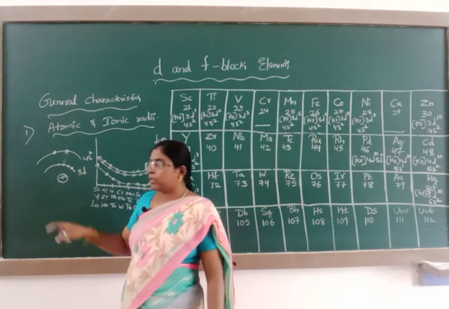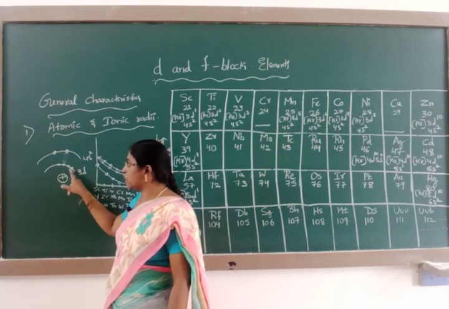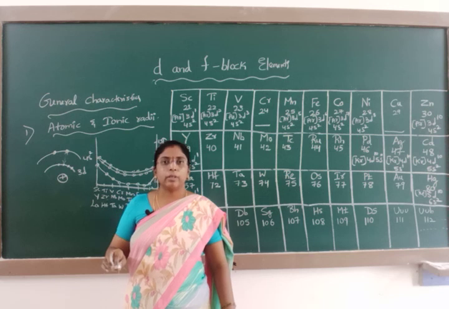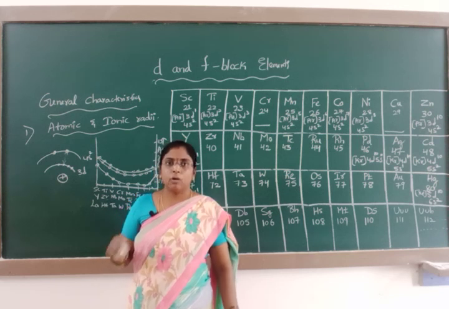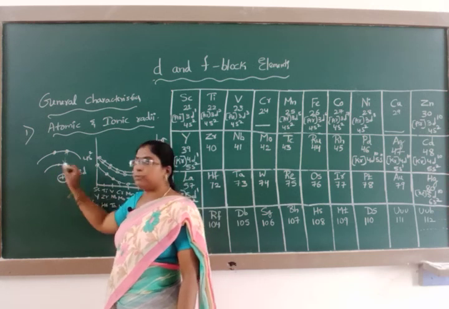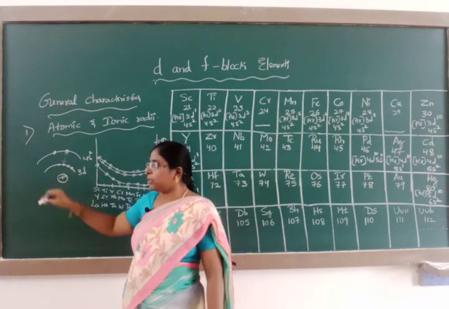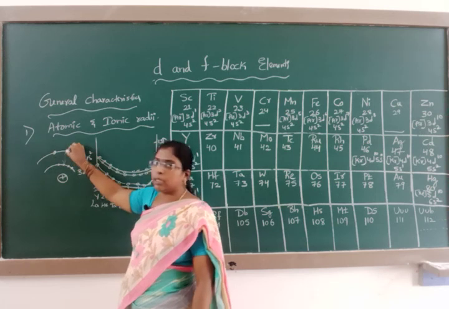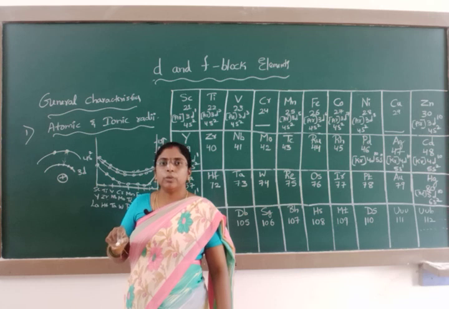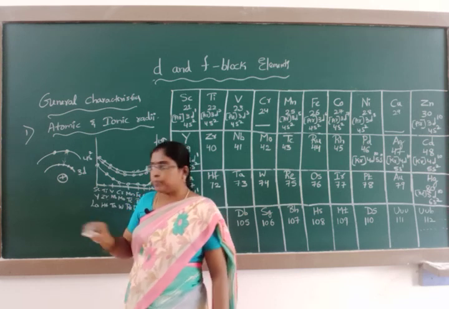This repulsion we call electron-electron repulsion, or you can call it the screening effect, or the shielding effect. Since initially there are only a few electrons, the repulsion between the 3d as well as 4s electrons is very poor, so a poor shielding effect is observed.